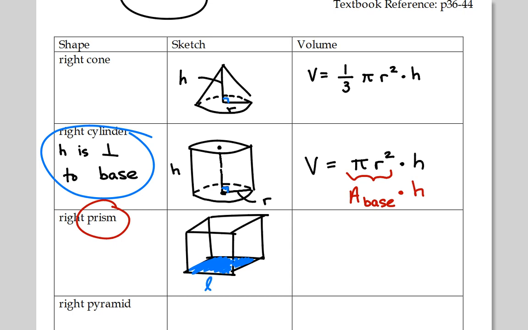Good. Length times width. Area of the base is length times width. If you look above, it's area of the base multiplied by the height. And what do we call the height? H. So to get the volume, it's just L W H. Probably the easiest one, by far.